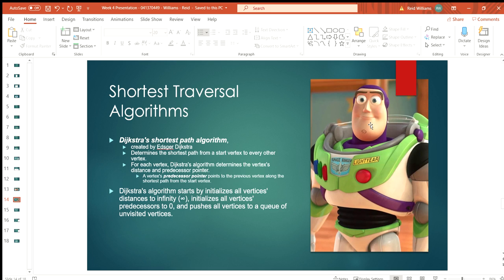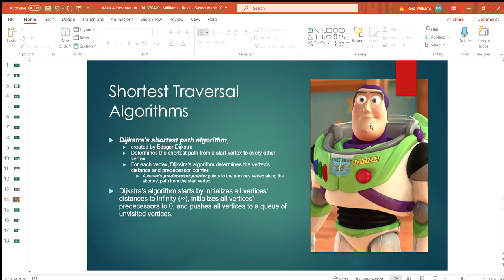And as a clarification, a vertex's predecessor pointer points to the previous vertex along the shortest path. So we're going to do kind of a simple-ish example later. It kind of keeps track of where you are and where you came from, while also assessing the distance from the node you're at to the next nodes down the line.